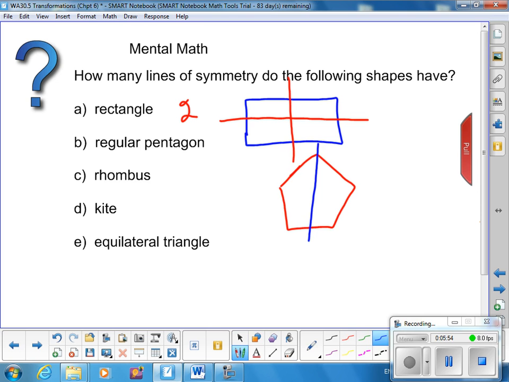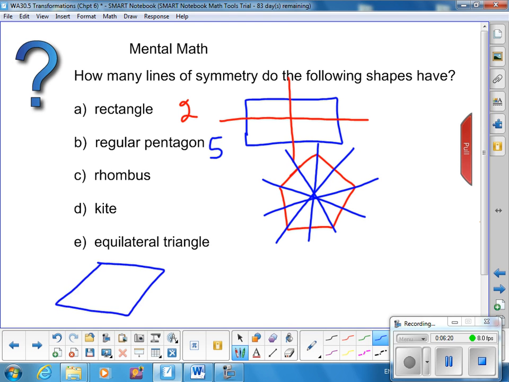So the left and the right, if we folded it on the line of symmetry, you would create the other side. So if we cut this out and fold it in half, you could fold it right on that line of symmetry. We could fold it on this one, 2, 3, 4, and 5. A pentagon would have 5. A rhombus looks like that.